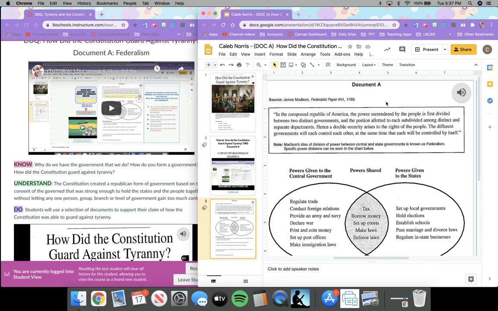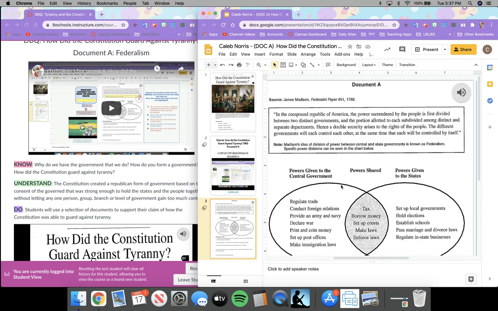The whole idea is that this main power that used to be just involved in the states and the king is now the states and the national government. The power is split, and they are in control of each other. That last sentence, the different governments will each control each other and at the same time control itself. That's the main idea.